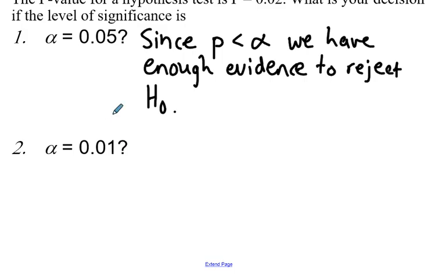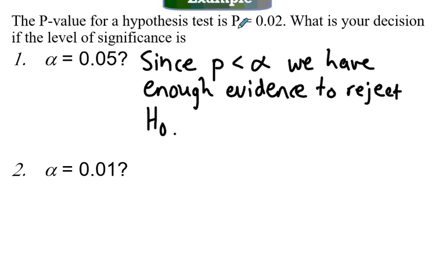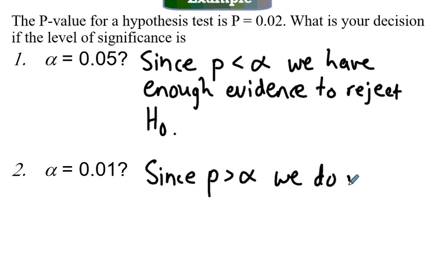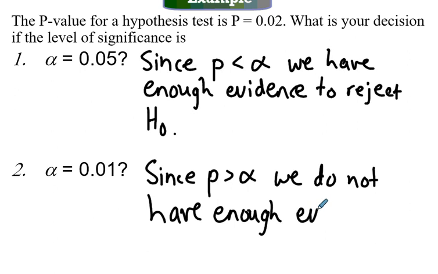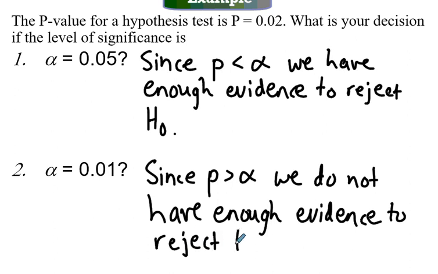However, if our confidence level was set to be at 1%, so we need something that occurs 1% or less of the time, and we observe something that occurs 2% of the time, we have not observed an unusual enough event. So we would say since p is greater than alpha, we do not have enough evidence to reject the null.